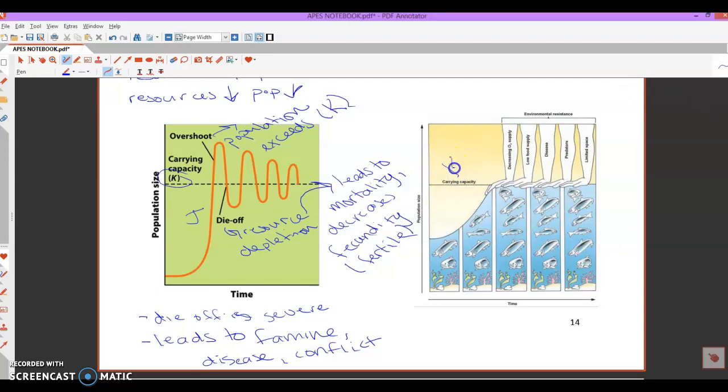Remember our K, carrying capacity. So what are things that are going to keep this population within reach of the carrying capacity or right below it? If you're a fish, obviously decreasing oxygen supply. If you don't have enough oxygen, you're going to die. Same thing with a land animal. Low food supply, you're going to die. Disease, you will die. Predation, you will die. Limited space, you will die. So all of these things are going to keep the population under control.